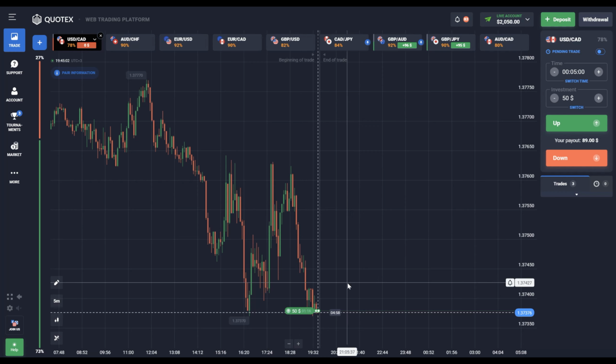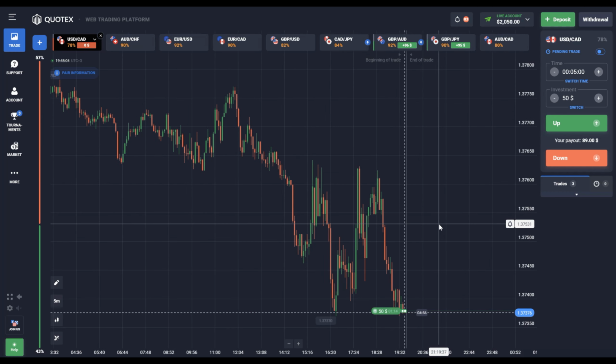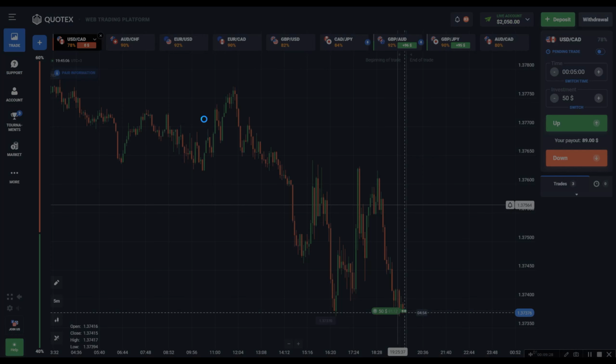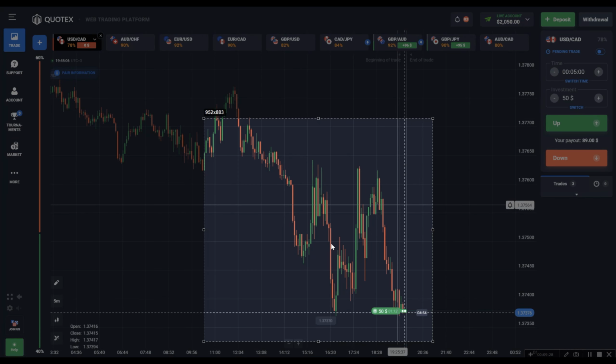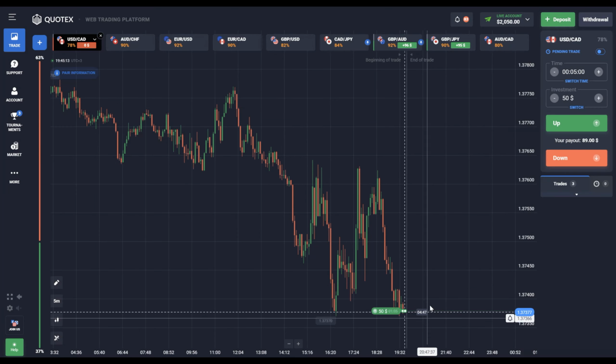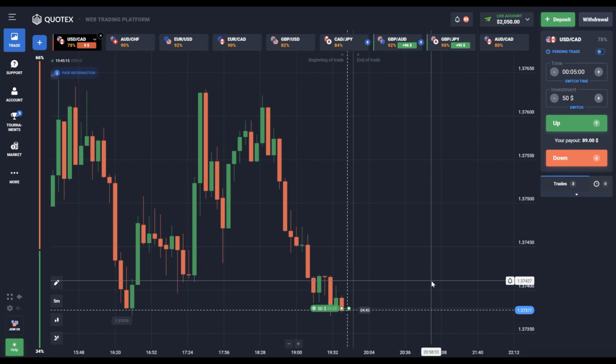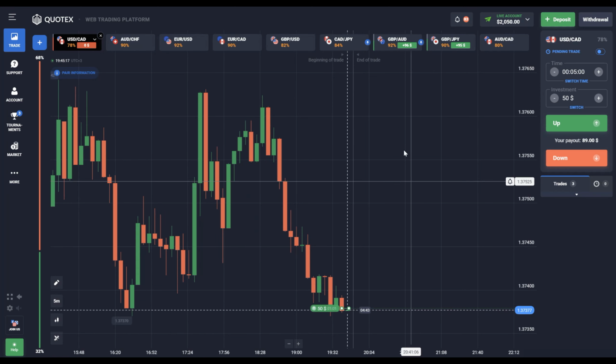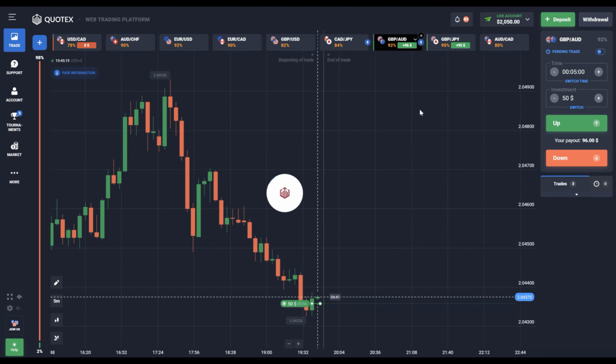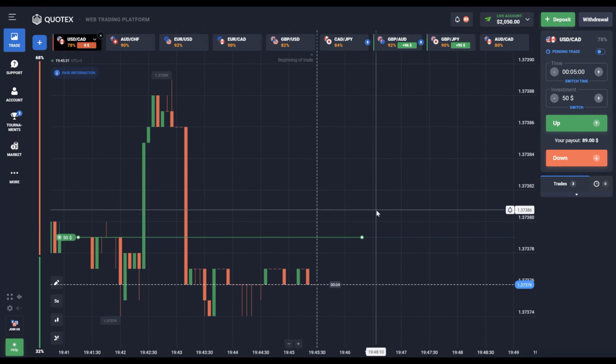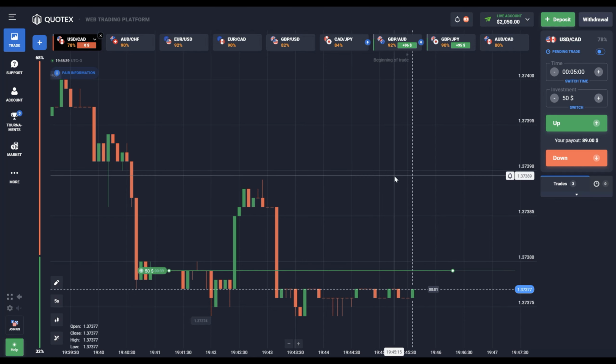Here, the situation is just perfect. From what I'm seeing here, it really looks like a classic double bottom is about to form. But let's see how it actually turns out. 40 seconds until the trade closes.